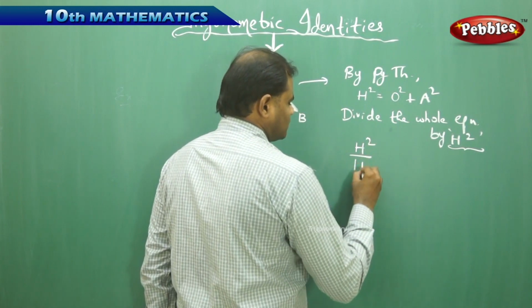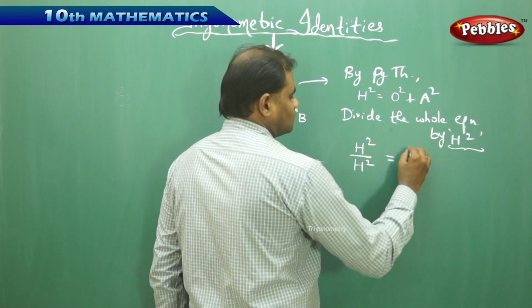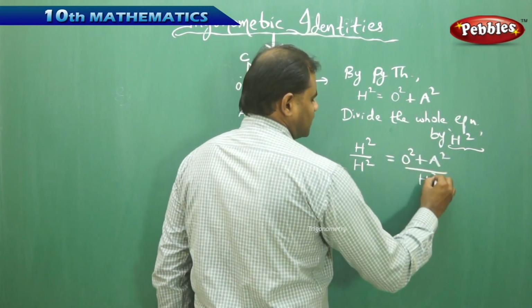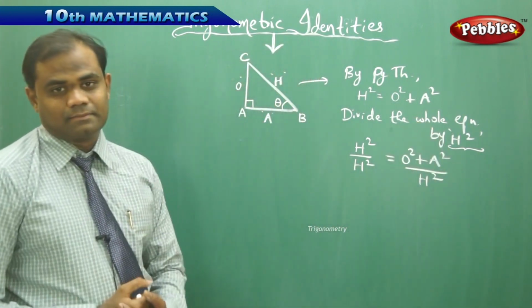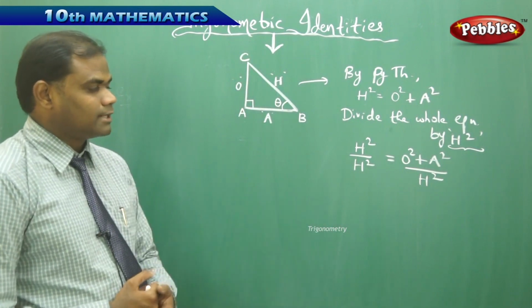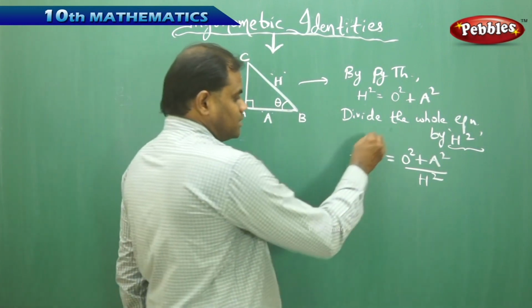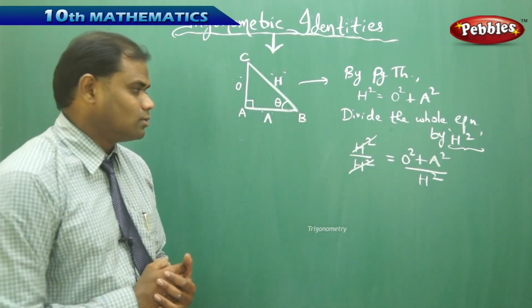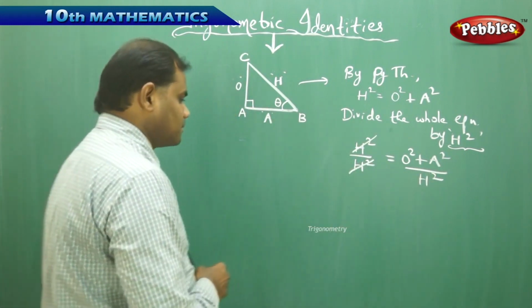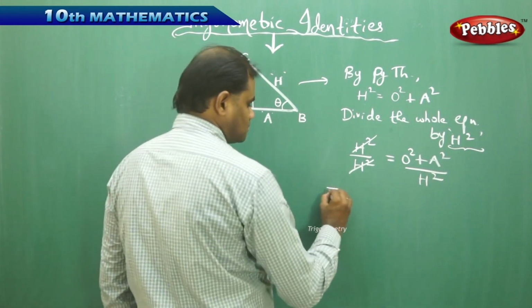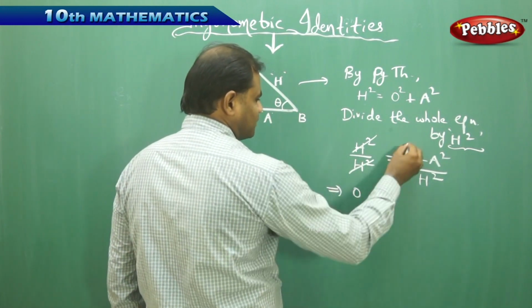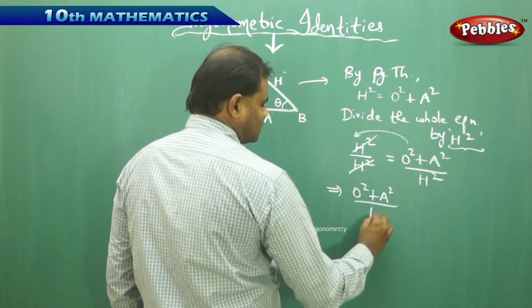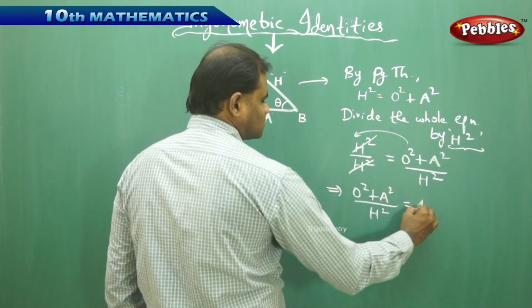So h square by h square would be 1, O square plus A square by h square is what I get when I just divide both sides of the equation. Immediately I can cancel this because they are equal in the numerator and the denominator. I take this to the left, I get O square plus A square by h square equals 1.